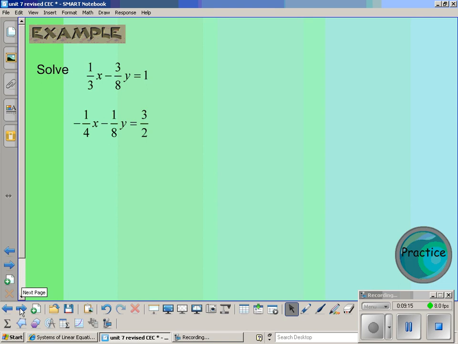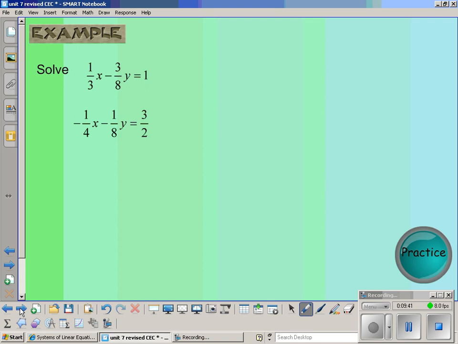We can solve equations that have fractions as their coefficients. But we can, in one step, make this a little bit more basic. What we want to do is eliminate the fractions. If you look at the first equation, 1/3 x minus 3/8 y equals 1.